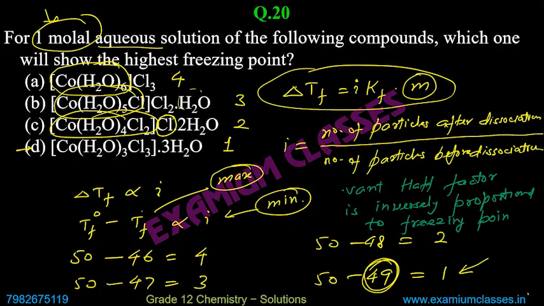This is something you have to remember. If you decrease the Van 't Hoff factor, the freezing point will increase, and vice versa. So if you remember this statement, in all such questions, you will require less than 1 minute. If you don't remember this statement, in all such questions, you may require 3 minutes.